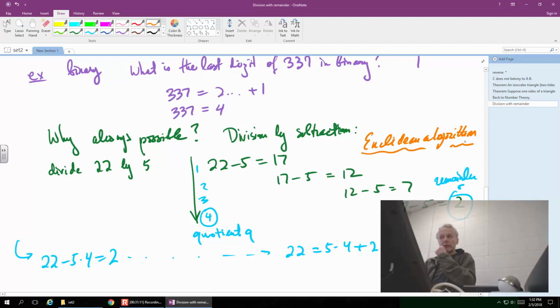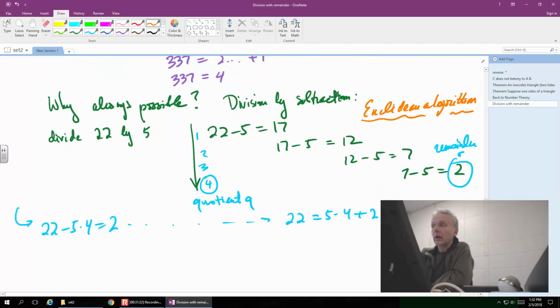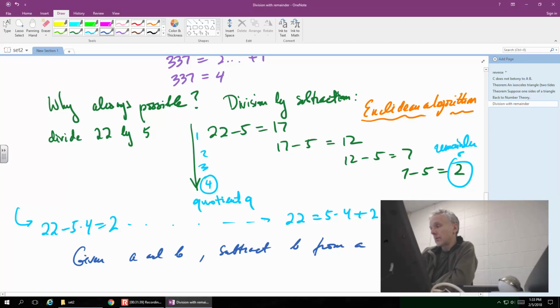So subtracting little by little, and I hope you can already see that it should work. So you have 2 integers, A and B, and you start subtracting. And you subtract as many times as necessary. So given A and B, subtract B from A as many times as necessary.